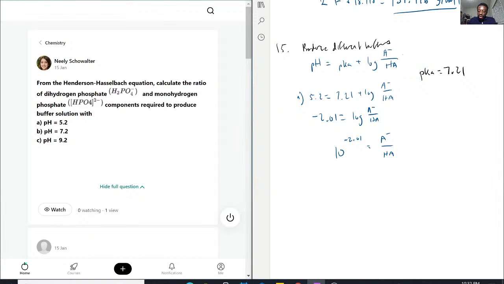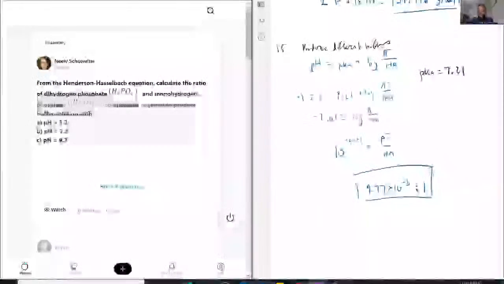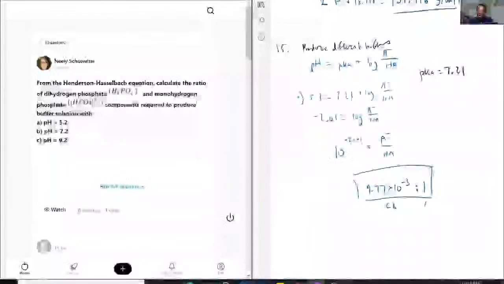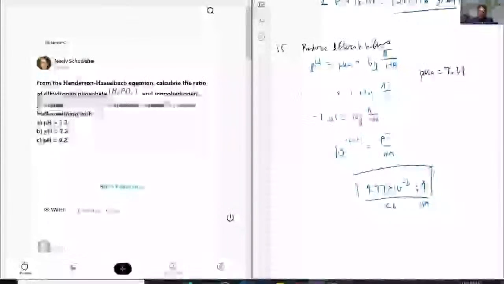Okay, so that'd be 9.77 times 10 to the negative 3 to 1 for at least the first part. How did I get that? Because once I solved for 10 to the power of negative 2.01, I found the ratio of the conjugate base over acid. This would be the conjugate base, and this would be the acid, the HA. So I put HA there, and this one would just be A minus, okay?